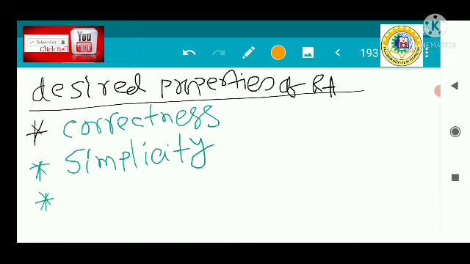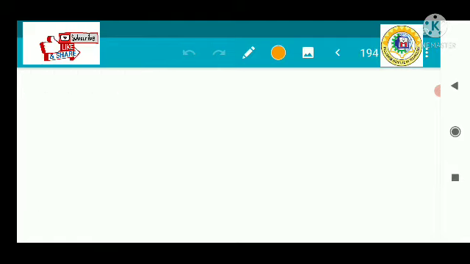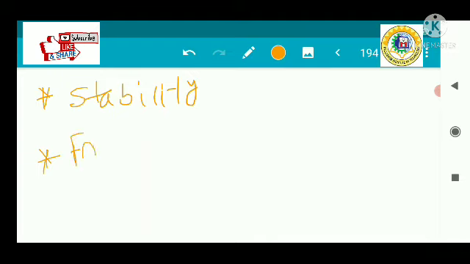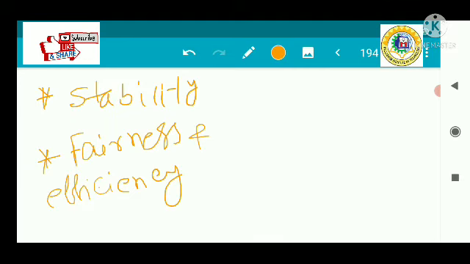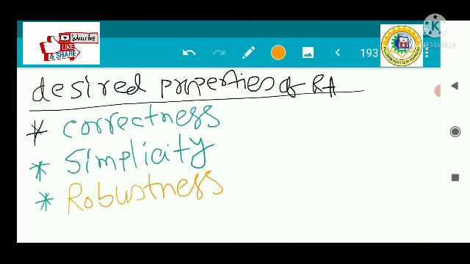The third one is robustness, then stability, and the last one is fairness and efficiency. So these are all the characteristics a routing algorithm must possess.